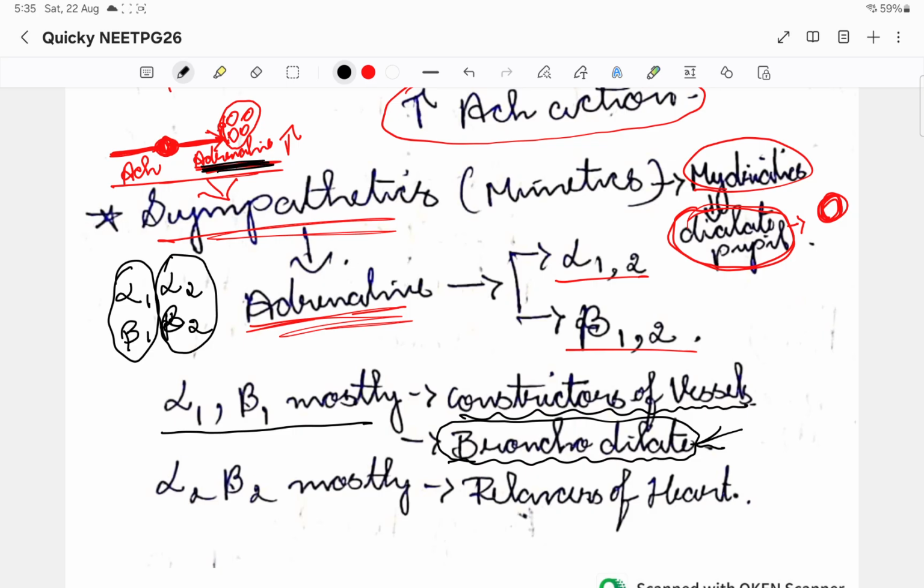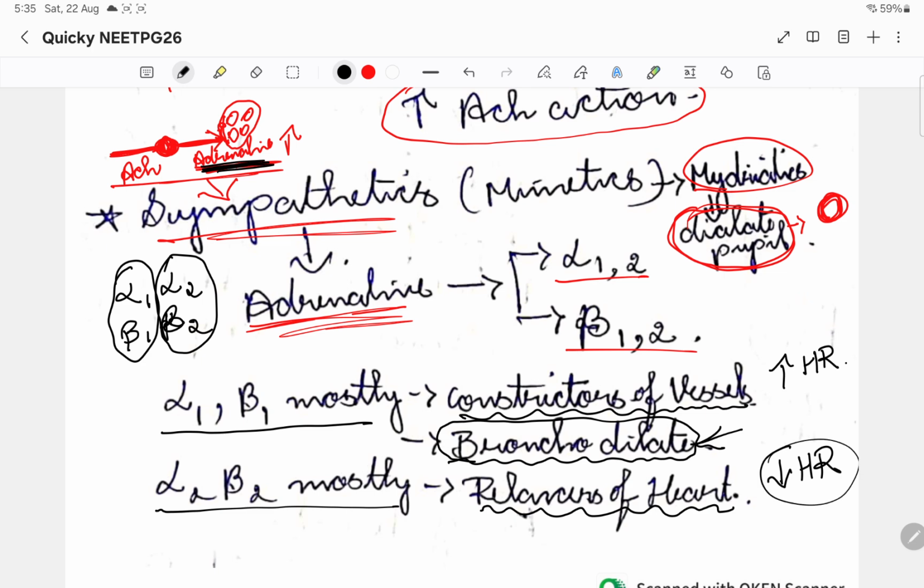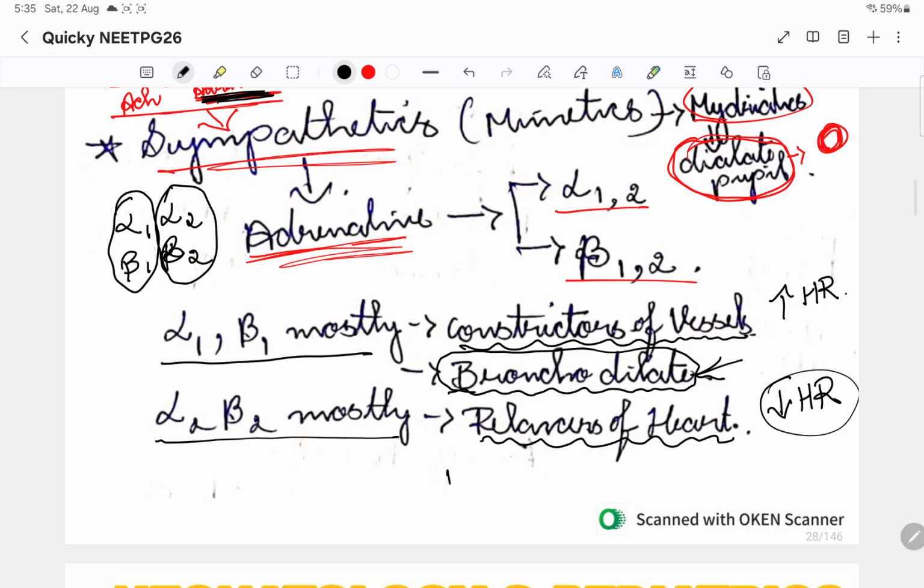When it comes to alpha 2 and beta 2, these are relaxers of the heart. Alpha 1 and beta 1 cause the sympathetic system to rise and heart rate to increase, whereas alpha 2 or beta 2 oppose alpha 1 and beta 1, where heart rate will be decreased. Please remember this point. One more point: we are using beta blockers, right?